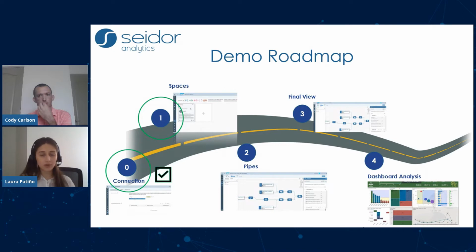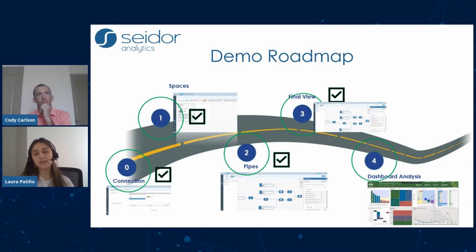Those things we're going to see in our demo. Then I'm going to show you how you can easily create some pipelines and what a final view of those pipelines would be. And finally, we will have dashboard analysis of that information I just told you about. And all of this we're going to be seeing in our Data Warehouse Cloud.